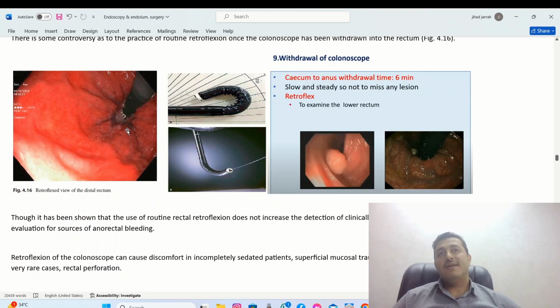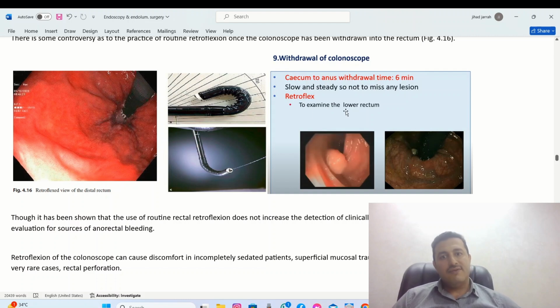If you remember, we said that the lower rectum we actually pass when we insert the colonoscope, so we can use the retroflex. Yes, many studies said it's not proven that the retroflex maneuver increases the detection of any lesion, but why not use it?